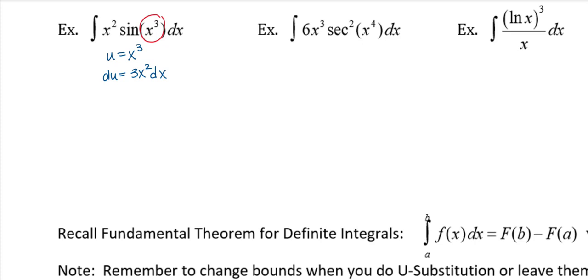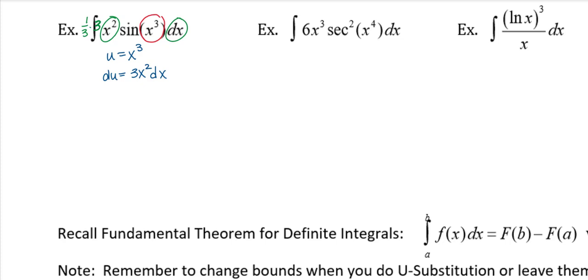And this is how you're going to know if your u substitution is the technique that's going to work. Well, it is here because I can see I already have the x squared dx. So I'm going to multiply a 3 inside of that integral, and I will multiply by 1/3 outside my antiderivative.